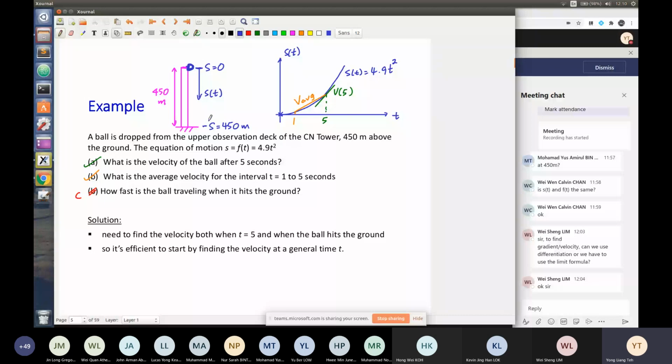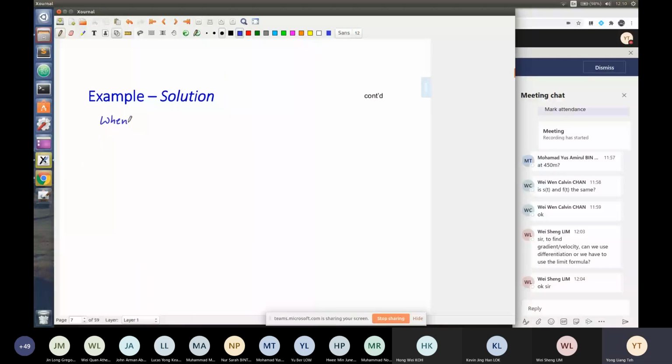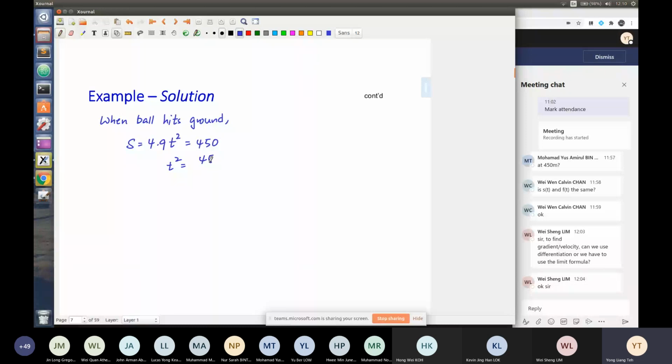So when the ball is here, we come to this part. When the ball hits the ground, S equals 450. Hence, T squared equals 450 divided by 4.9.